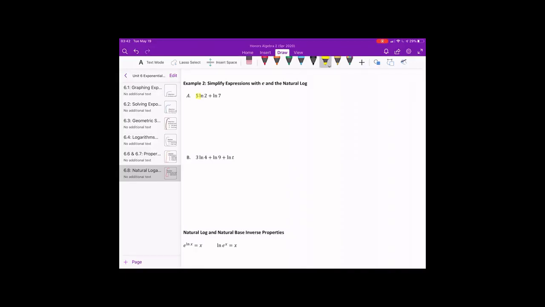In the first one, 5 times the natural log of 2, we have the power property. So this 5 will be able to come up here, and we get the natural log of 2 to the 5th plus the natural log of 7. 2 to the 5th is 32, so I get the natural log of 32 plus the natural log of 7.